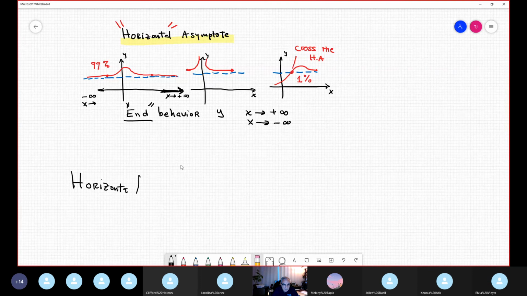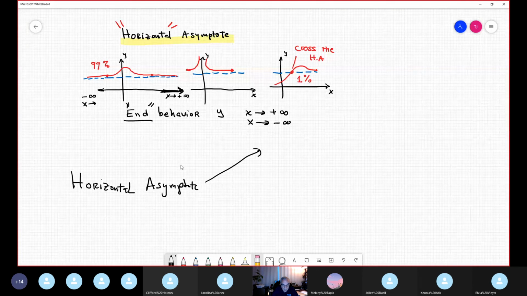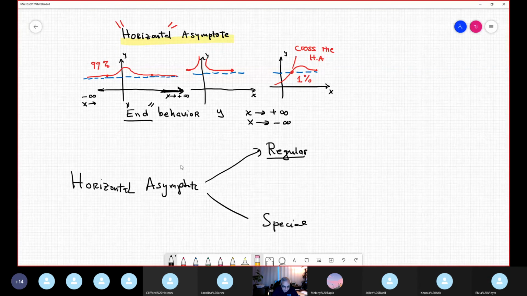Horizontal asymptote, horizontal. I forgot the L. Asymptote. Okay, this is the regular case, the case that most often occurs. And we have one special. But I want to talk about the regular case now.